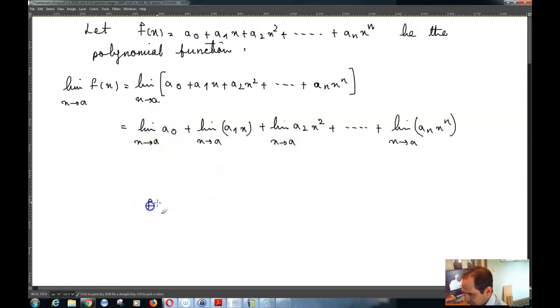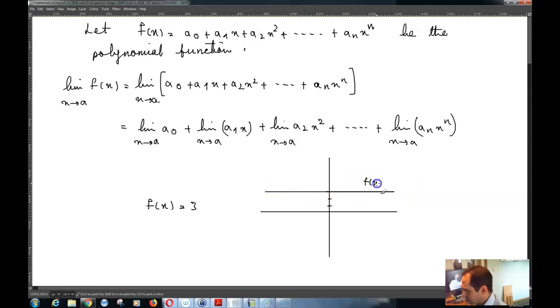For example, f of x is equal to 3. So if you have f of x is equal to 3, you would have this line over here. Now over here you can see that if I take the limit of f of x as x tends to, for example, 2, it's going to be equal to 3. And if I take the limit of f of x as x tends to 5, it's going to be equal to 3.